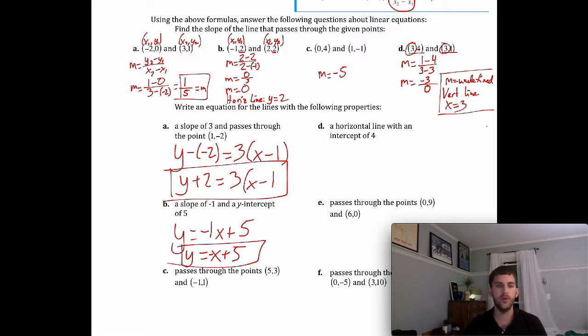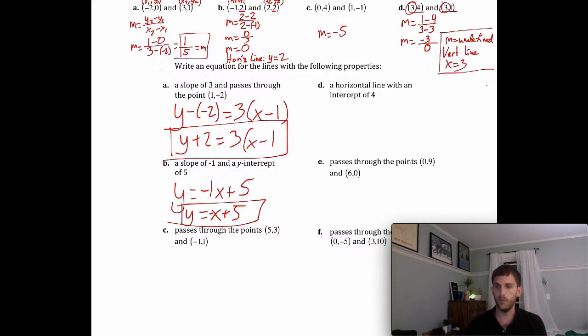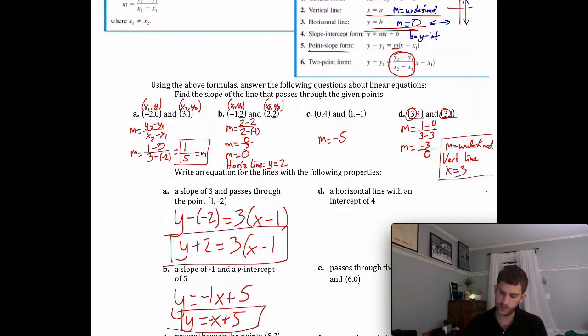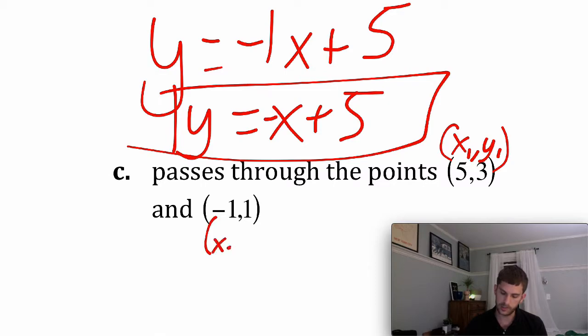Letter C, it says a line passes through (5, 3) and (-1, 1). A couple different options we have here. One option is to use two-point form. We have 2 points, so let's use two-point form. Let's choose this first one to be x1, y1, and this one down here will be x2, y2.